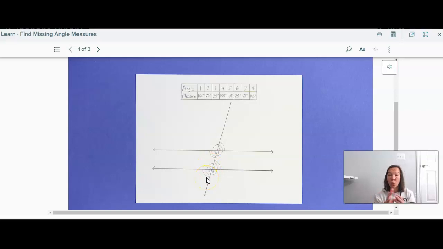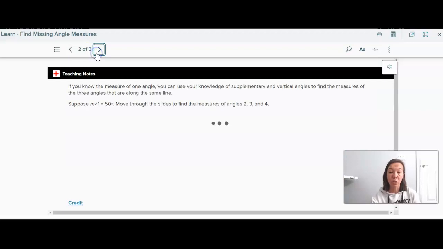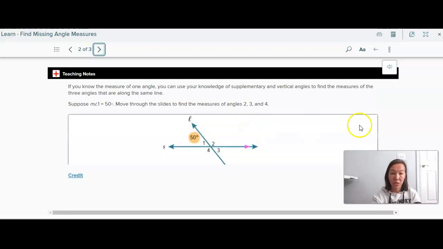You need to know which pairs are congruent to each other. And if you know one of these angles, we can find the measure of all 8 of them because of these relationships. Now again, we use this symbol to show that they're congruent. So all the ones with 1 arc, those are congruent to each other, then the 2 arcs are congruent to each other. So those are a few things that you need to understand there.